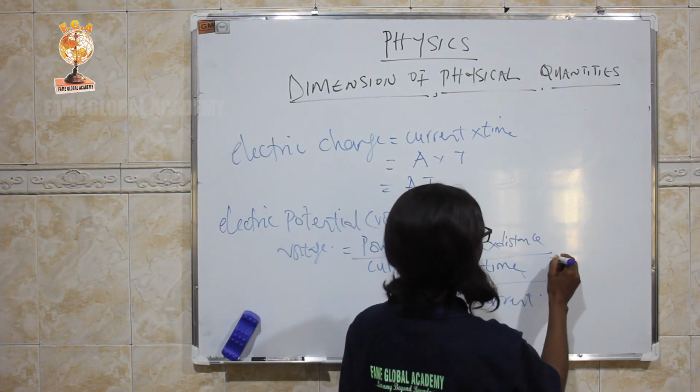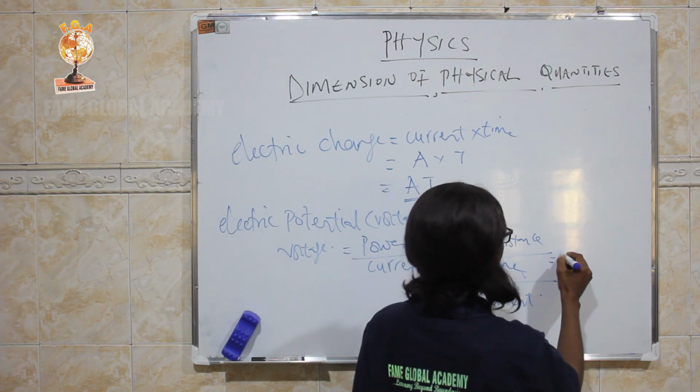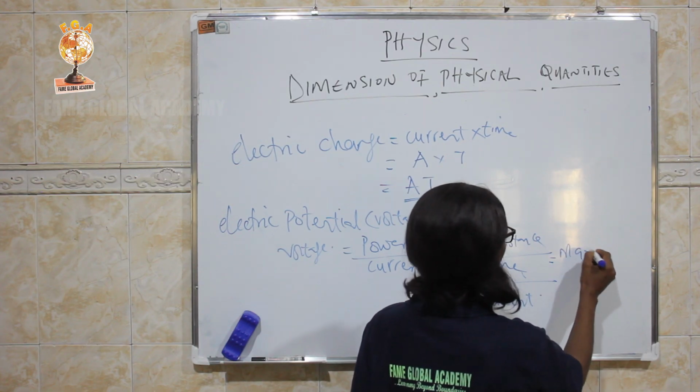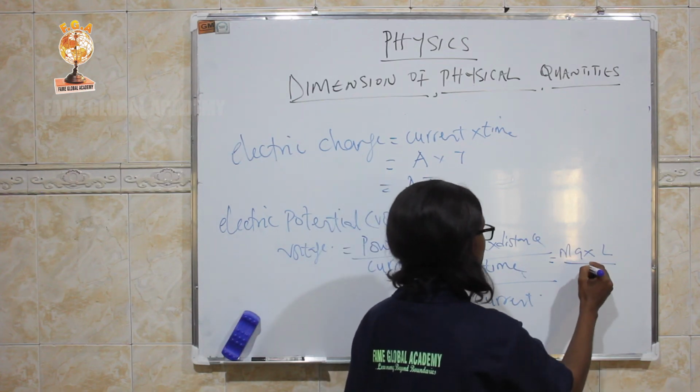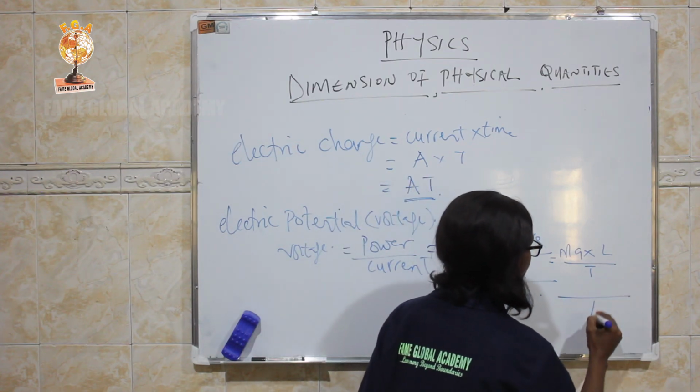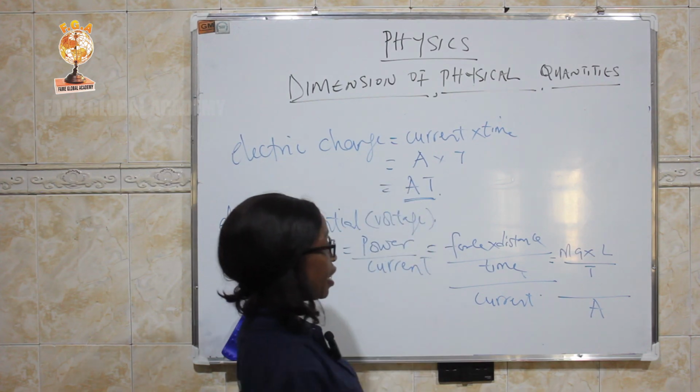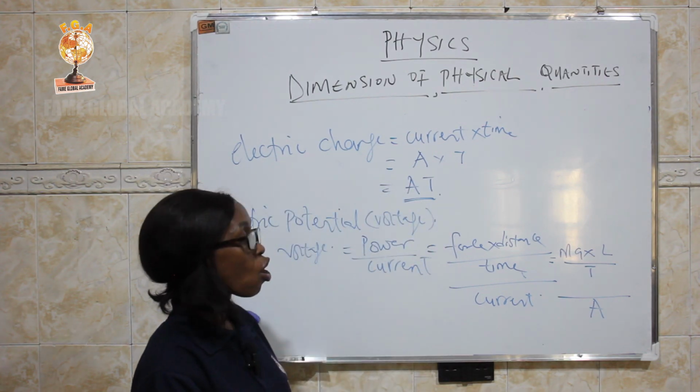You have force as MA times L, where L is the dimension for distance, all over T, all over A. A is the dimension for current.